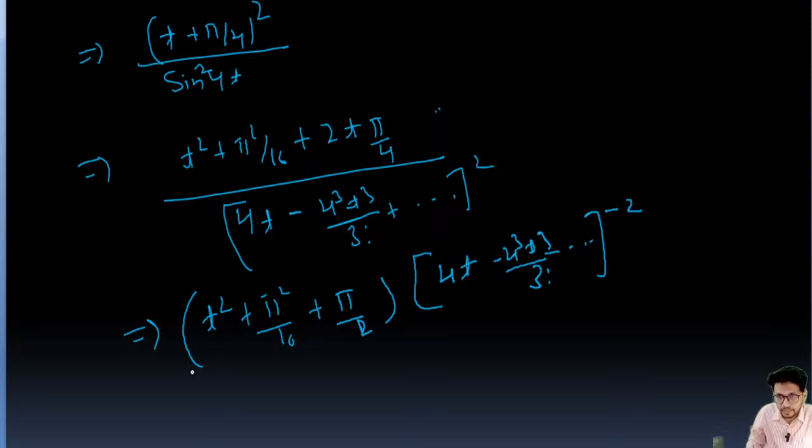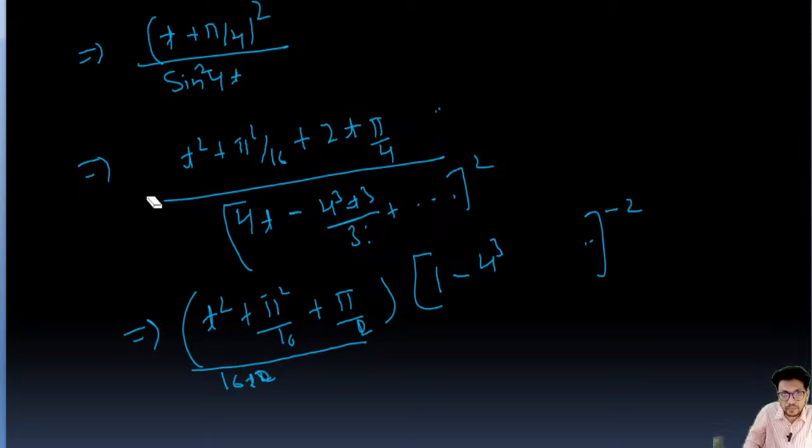Taking 4t common, this becomes 1 minus, and from the denominator we take 16 t square common, so it is 4 cube t square upon 3 factorial plus so on.